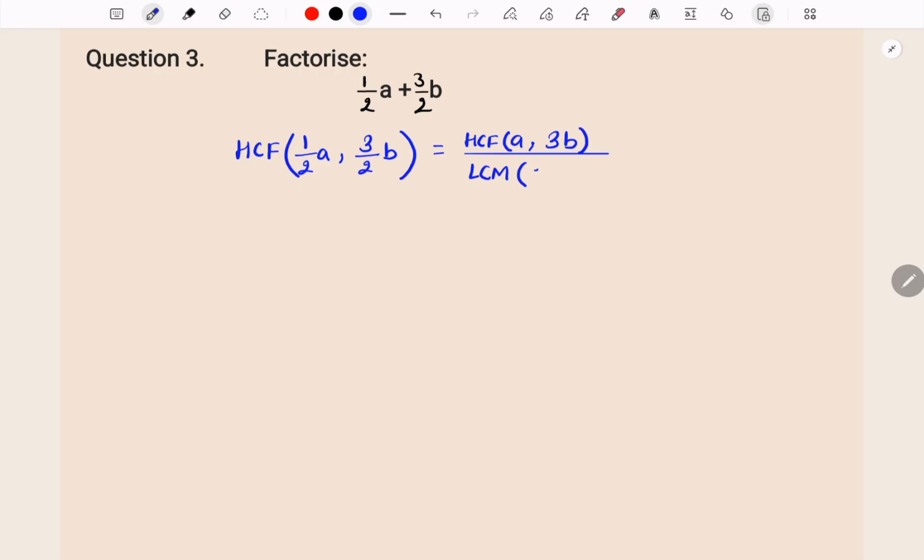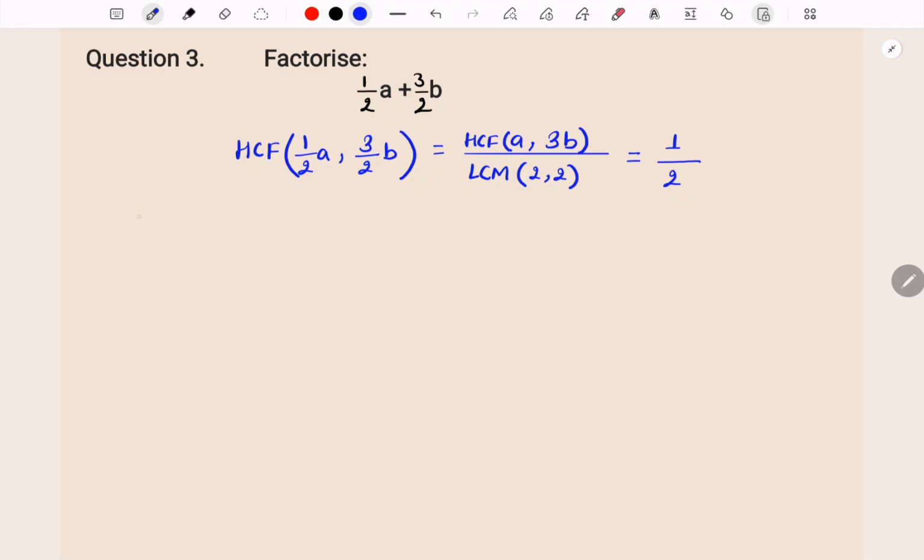So I have 2 and 2. Alright. So the HCF of a and 3b, since nothing is common between the two terms, would be 1. And the LCM of 2 and 2 is 2. So we have found the HCF.